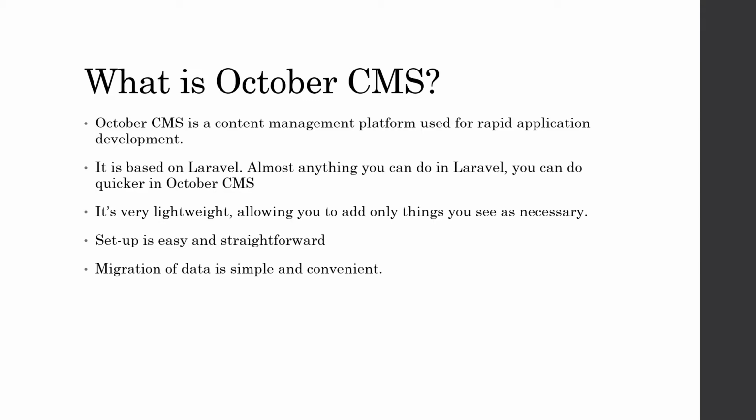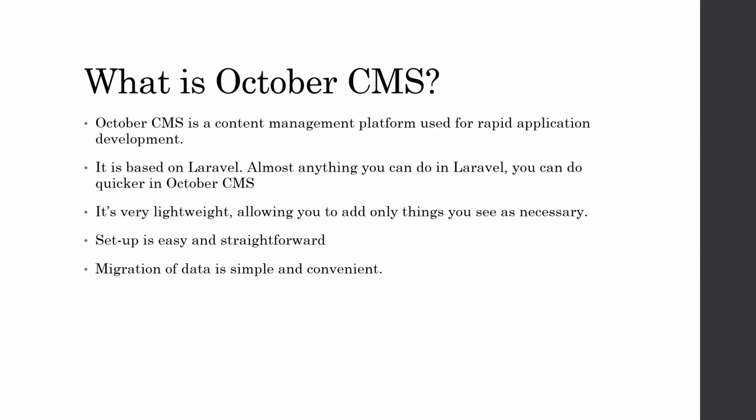With October CMS, it's less flexible than Laravel because of its content management system and because it's a project that's already been pre-made. You have less of a you-can-do-whatever-you-want approach and more of a you-need-to-create-fast-and-scalable-apps-to-work-now approach.